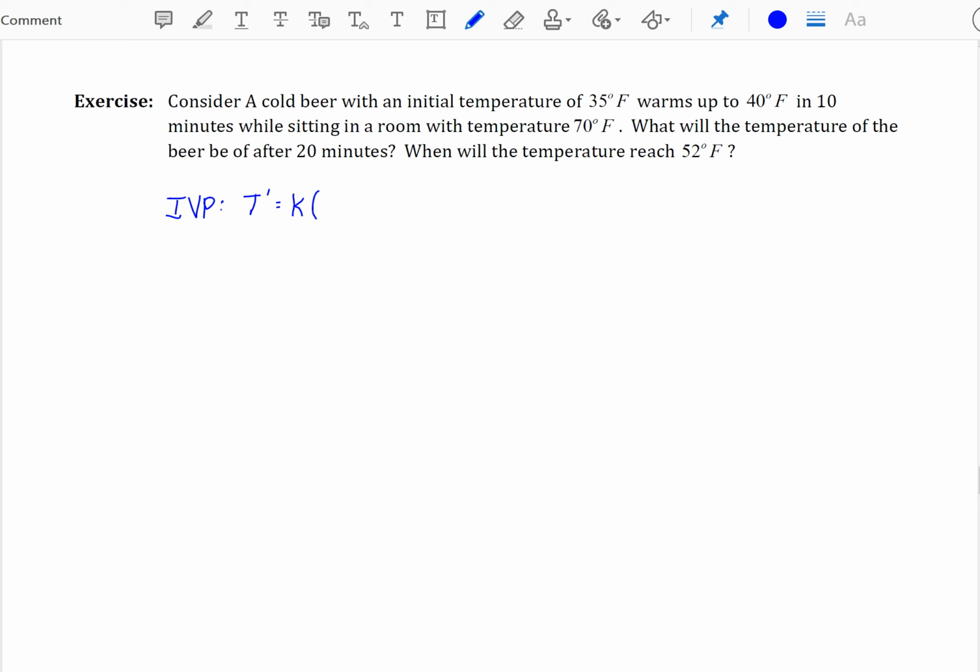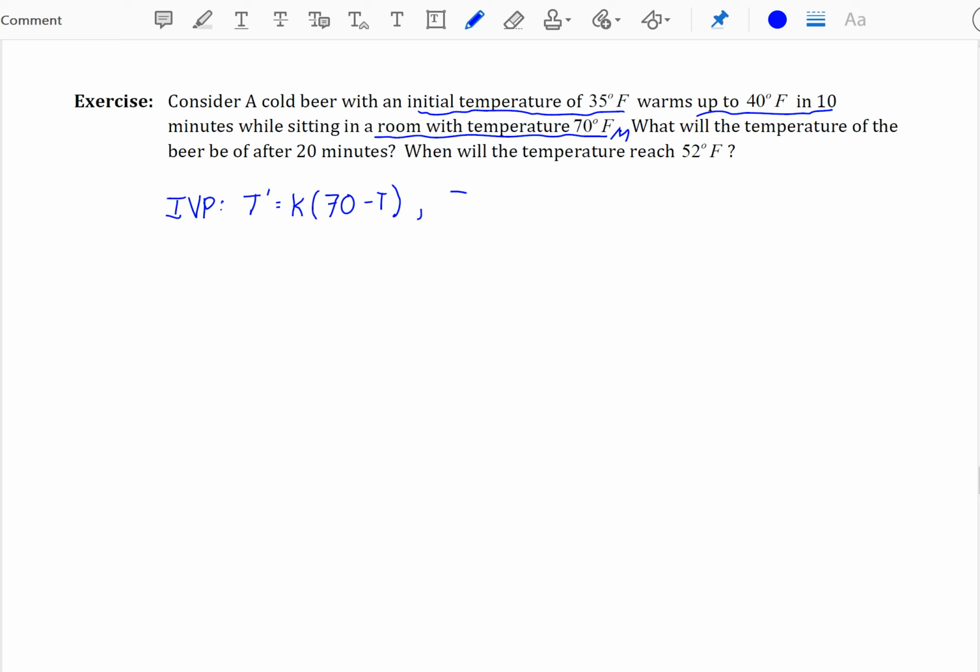Here they tell us a cold beer, initially 35 degrees, warms up to 40 degrees in 10 minutes while sitting in a room that has a temperature of 70. That is your ambient temperature M, the temperature of your room. So it'll be 70 minus T.